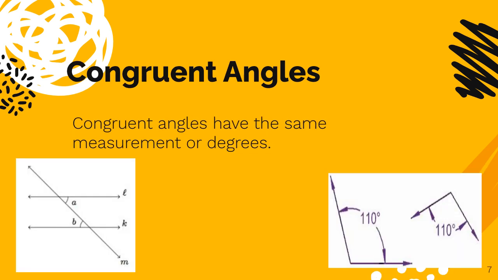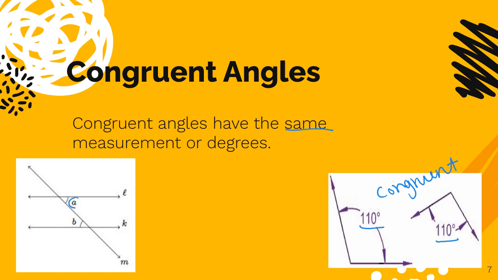Okay, so now congruent angles. Congruent angles have the same measurement or degrees. We measure angles in degrees. So if I have two angles that are both 110 degrees, those would be congruent. But if I have parallel lines that are cut by a transversal, and we'll learn more about that later this week or maybe next week, they need to have the same angle measurement.